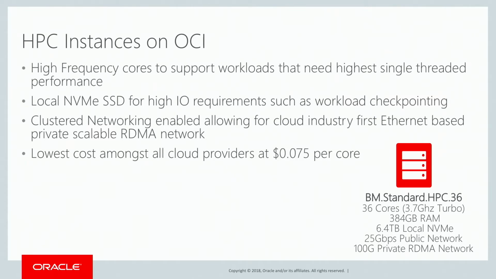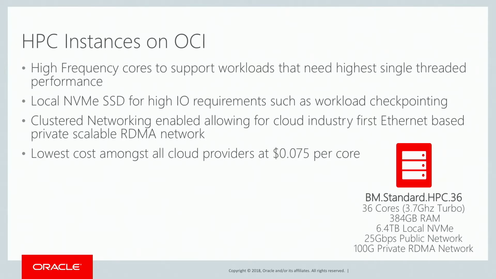Local NVMe storage. So if you're running lots of MPI applications in the HPC industry, so Intel MPI, IBM Platform MPI, Open MPI, MS MPI, they're all supported. They all require lots of checkpointing during the jobs when you're running a big job. And so that's why we've got local NVMe storage. And the same performance SLAs apply to that as well.